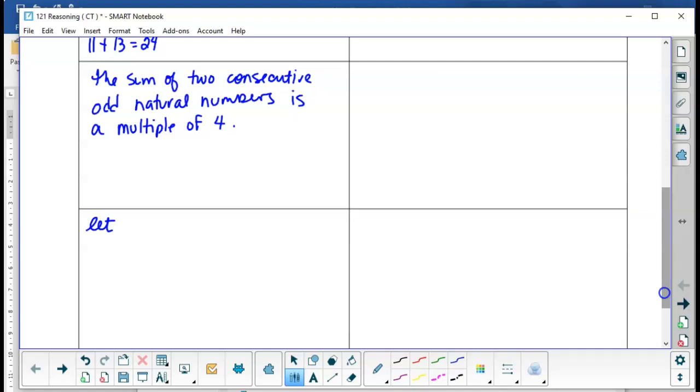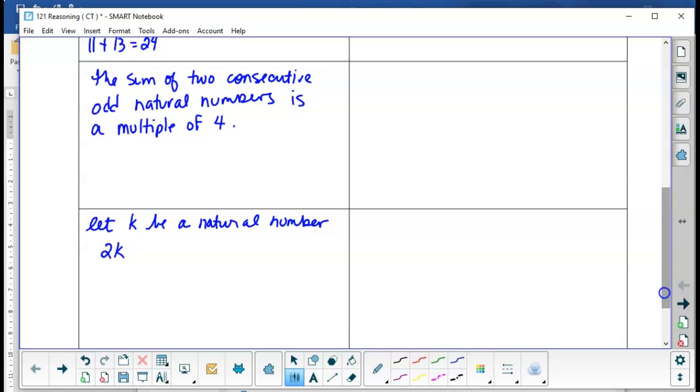Well, how do we do that? We do know that even numbers are all divisible by 2. So if we let k be a natural number, so that would be 1, 2, 3, 4, etc. Then 2k would be even.